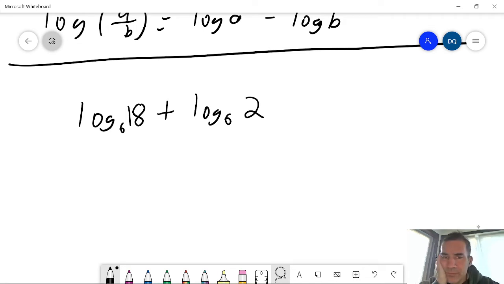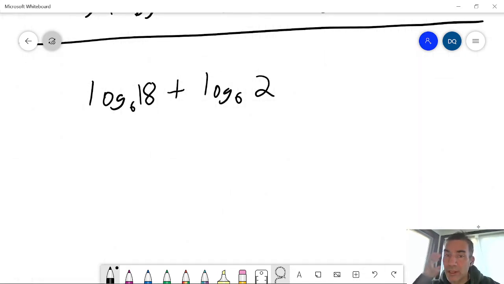Now, when I go to try and evaluate this without using the law, I'll find that the base 6 log of 18, so I've got 6 as my base, and I'm trying to find the exponent, where 6 to that exponent is 18, and that's going to be very difficult. And also the base 6 log of 2, so I'm trying to find the exponent that I have to raise 6 to turn it into a 2, also difficult.